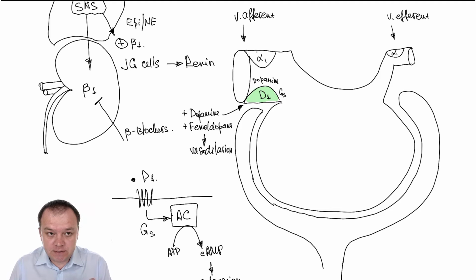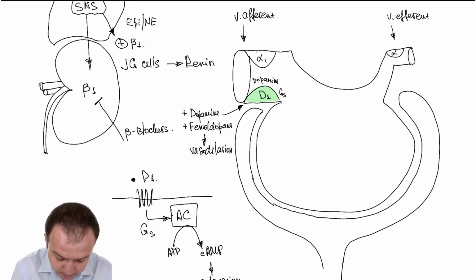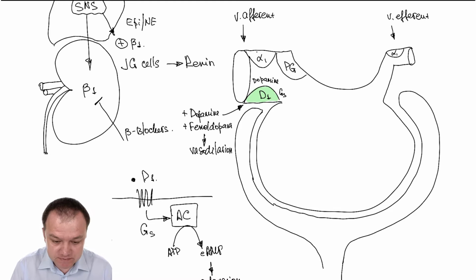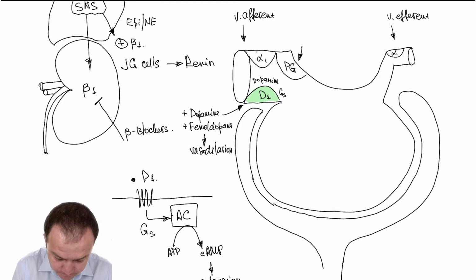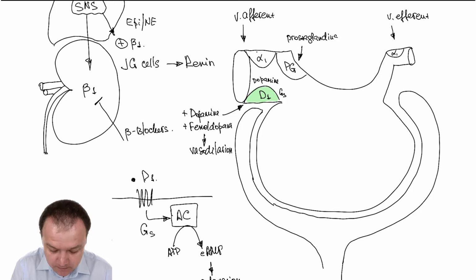The third type of receptors present in vas afferent are the prostaglandin receptors. Prostaglandins maintain vas afferent diameter.